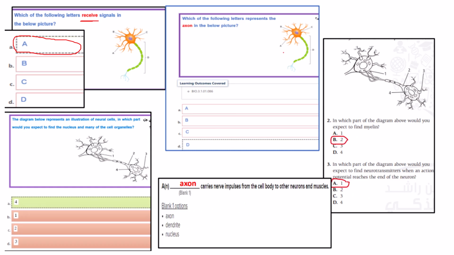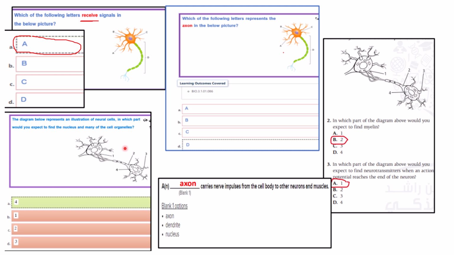And these are some of the sample questions. Which of the following letters receive signals in the picture below? You know that the signal-receiving part is mainly the dendrite. So A is the dendrite, so you choose A. The next question is an illustration of neural cells.